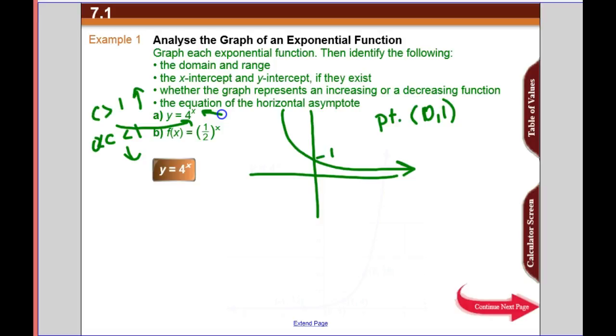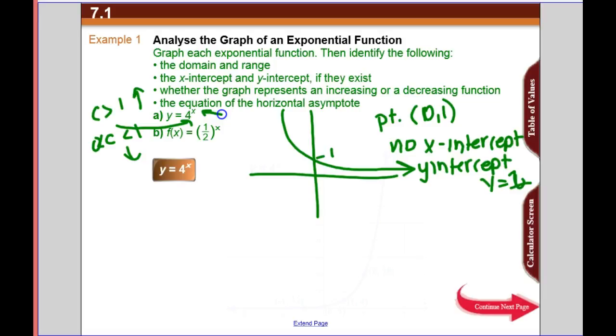And what else can we talk about? Our x-intercept, we don't have any. There would be no x-intercepts. And the y-intercept would be at 1.